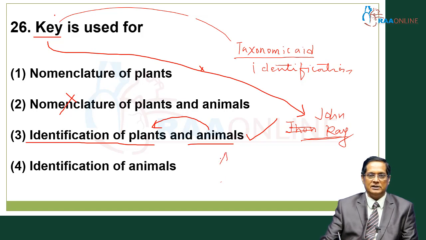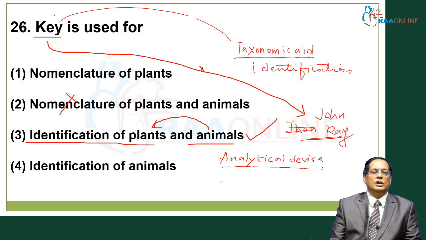Key is basically an analytical device, used for the classification of plants as well as animals.